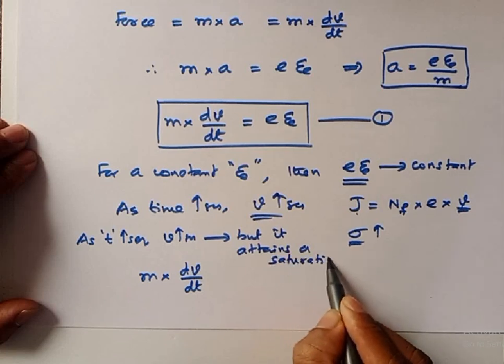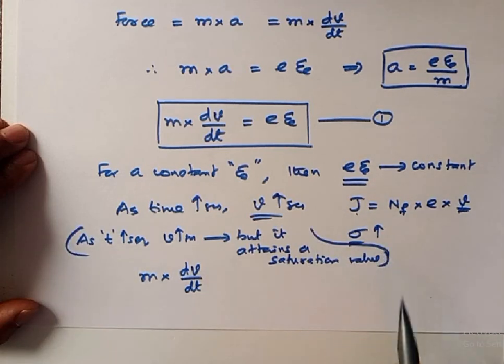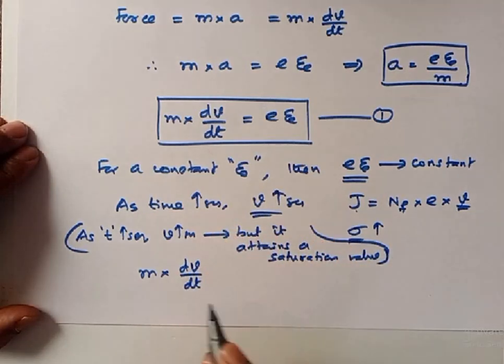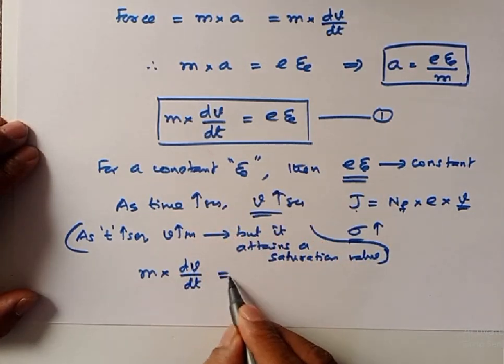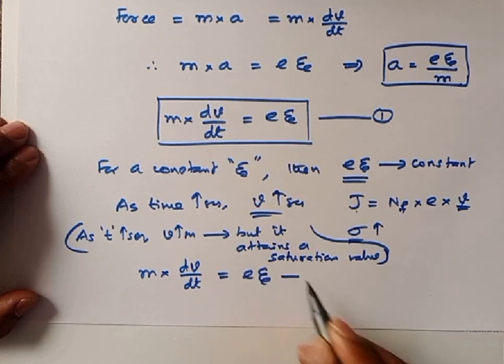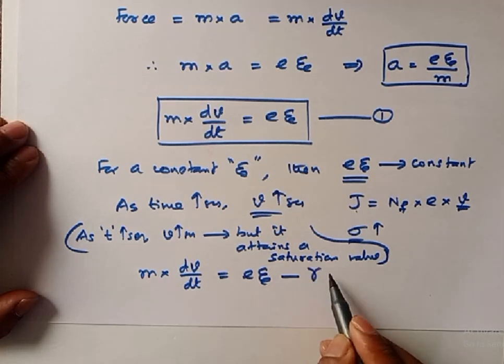It attains a saturation value. That is the idea given by Drude. So in order to attain the saturation value, he introduced a term here. What is the term? m into dv by dt equal to E into epsilon minus, he introduced a new term here, gamma into V.